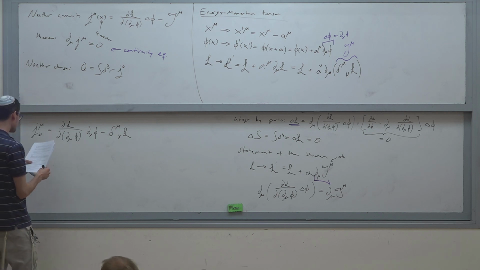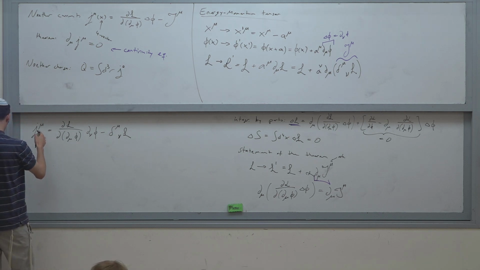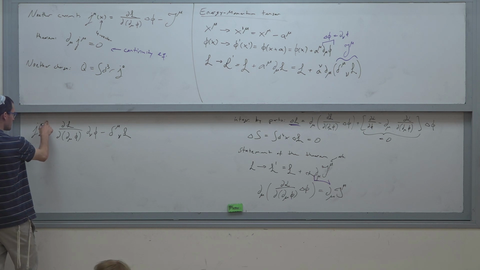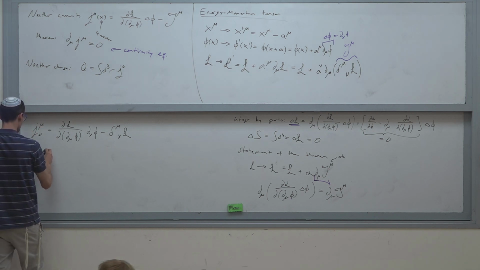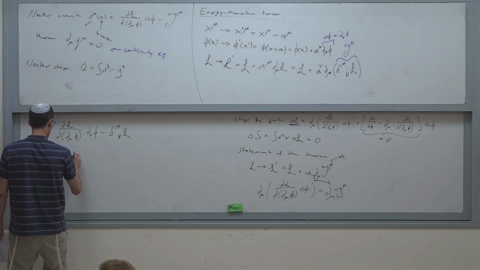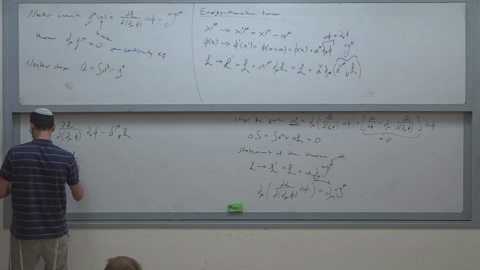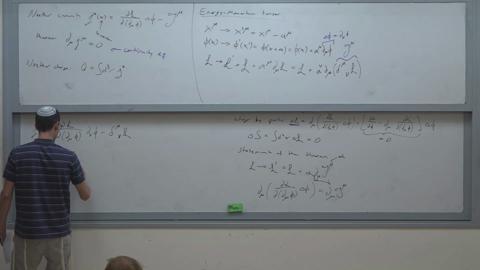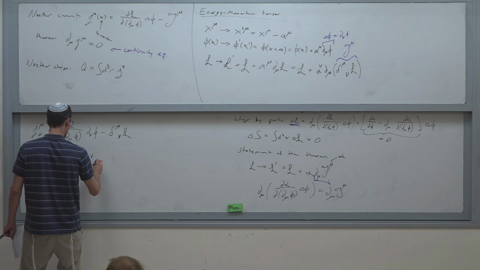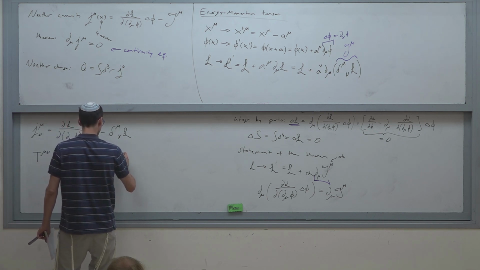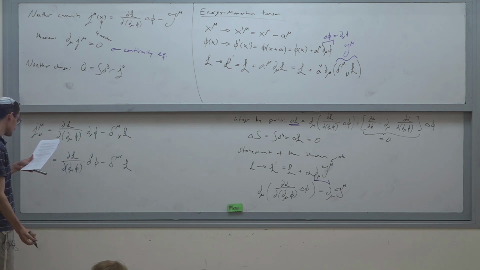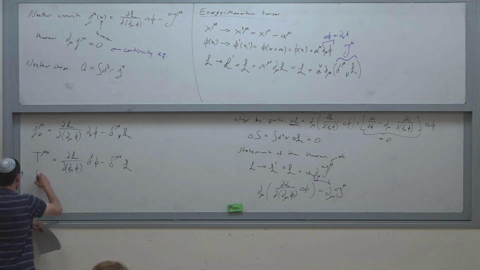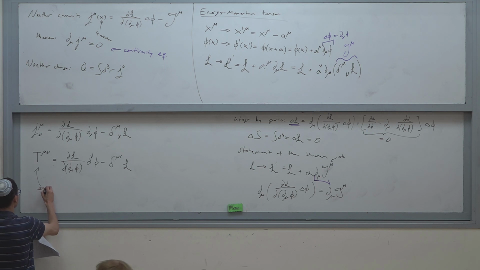And only one last step, I'm going to take the mu as an upper index, and instead of using J, I'm going to use T. That's just a convention. So this is dL/d(d_mu phi) times d_nu phi minus delta^mu_nu L. And this T is what we call the energy momentum tensor.